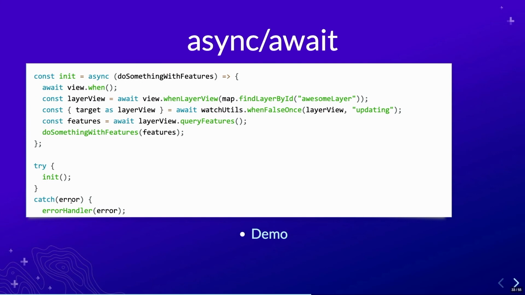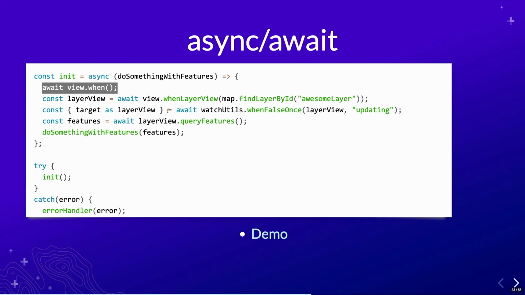Async await. So here's how you do the same functionality using async await. I'm going to create an async method. I'm going to await view.when, and then I'm going to get my layer view by doing an await on whenLayerView with the layer that I'm passing to it. And then I can grab the layer view from the watch utils.